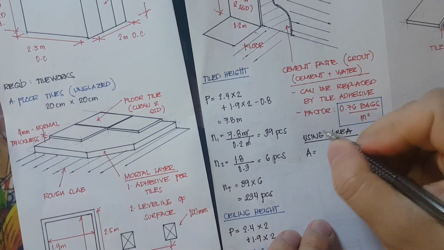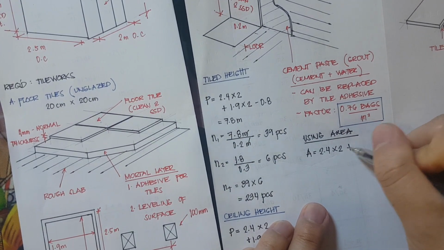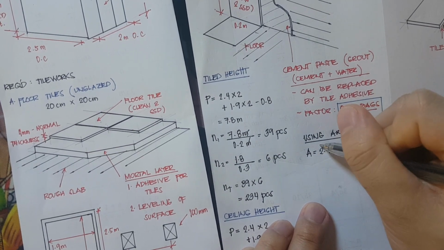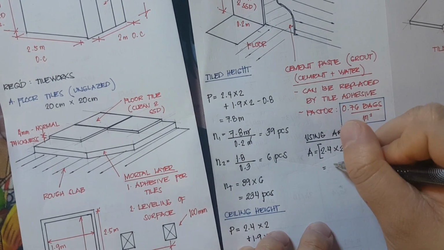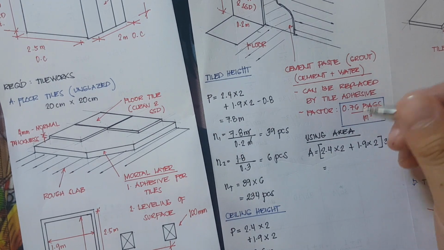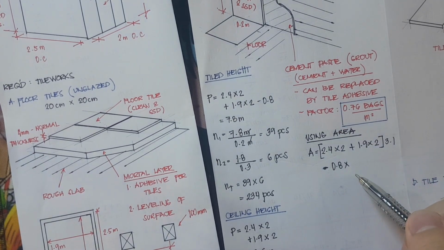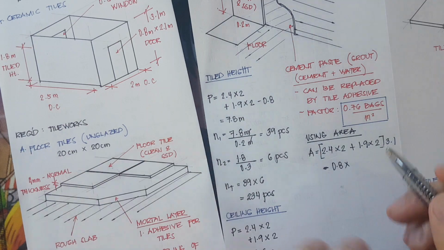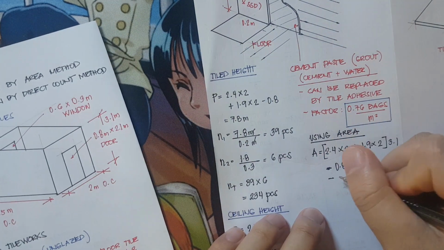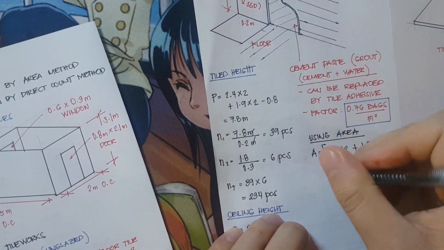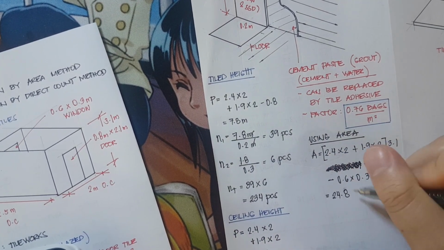Area is equivalent to that multiplied by the height, which is 3.1, minus 0.8 times what is the door, 2.1, minus the window 0.6 times 0.3, equivalent to 24.8 square meters.